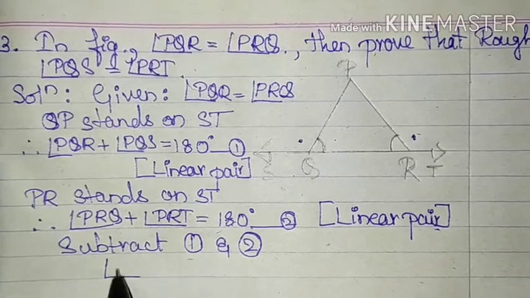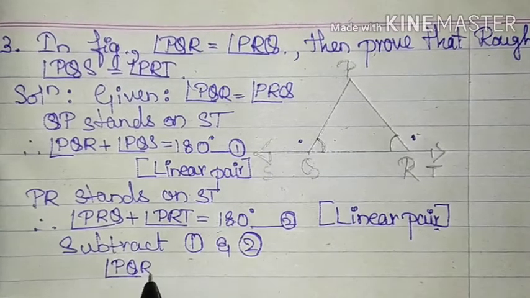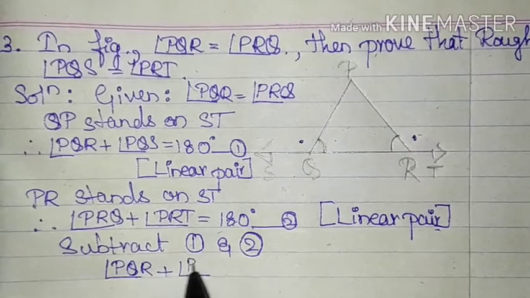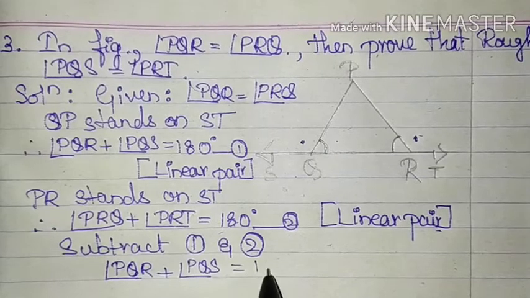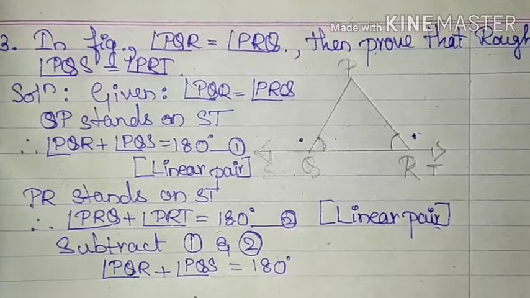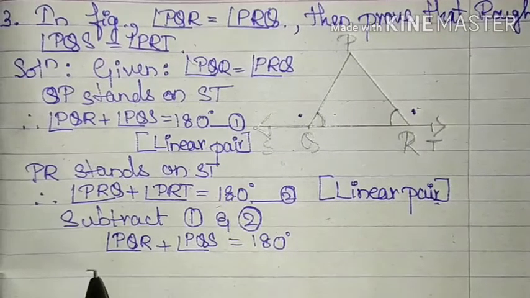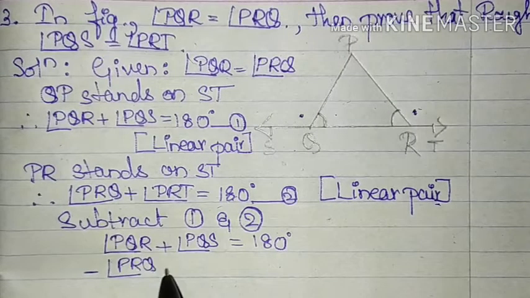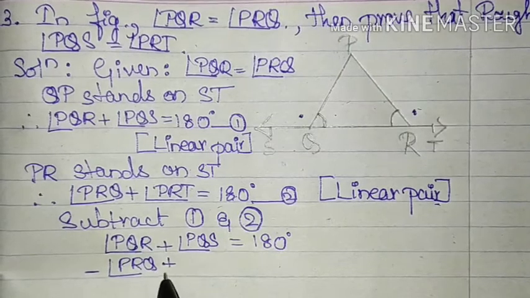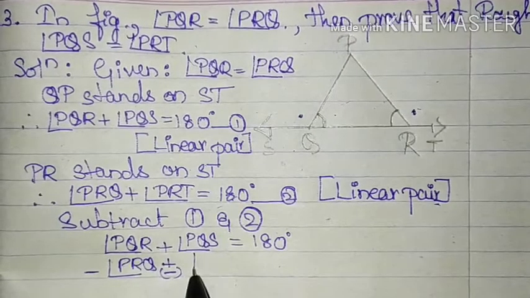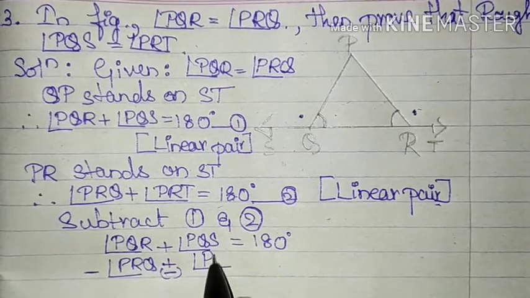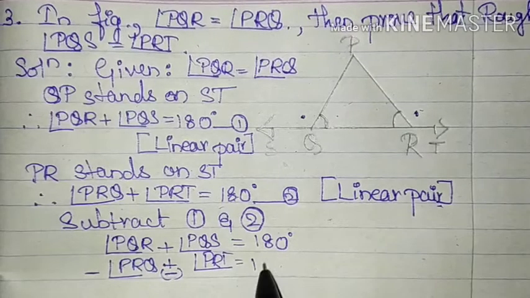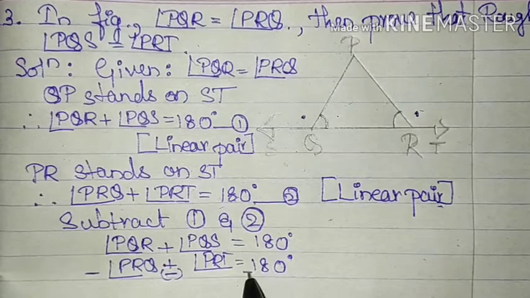What do we get? Angle PQR plus angle PQS is equal to 180 degrees minus angle PRQ. We here plus, it will become minus angle PRT is equal to 180 degrees minus.